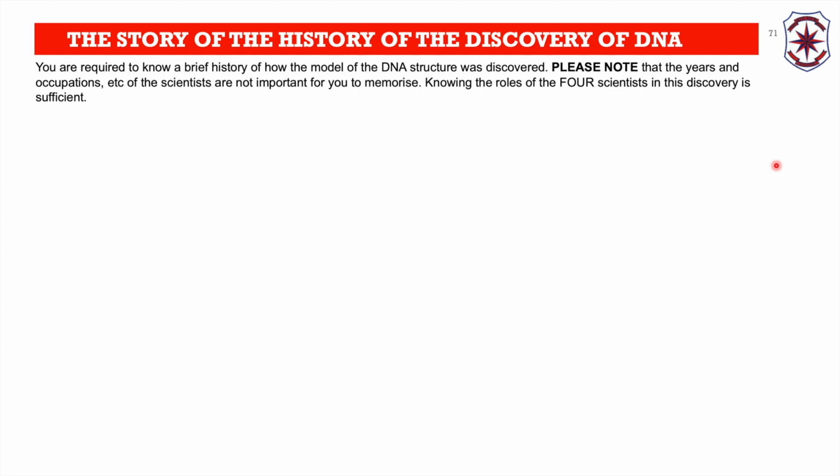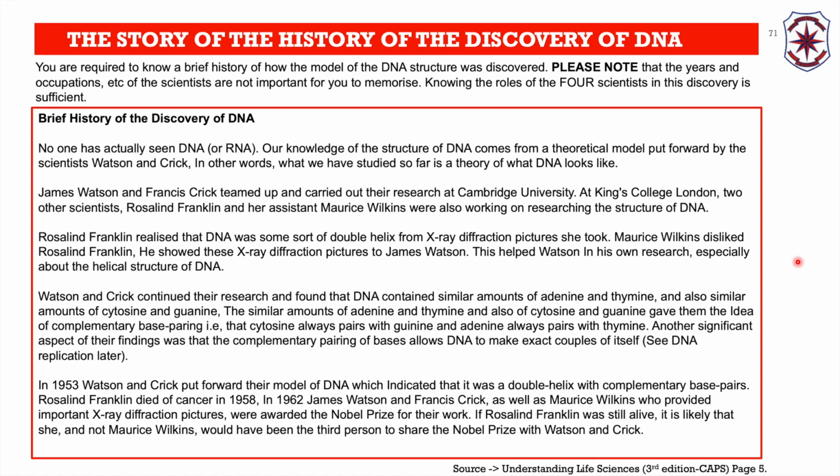What we will be focusing on is the roles that were played by the 4 different scientists in putting forward the model of DNA that we know today. For the purposes of the lesson, I have sourced an extract which I found on page 8 of the textbook Understanding Life Sciences 3rd edition CAPS. Now, here is the extract.